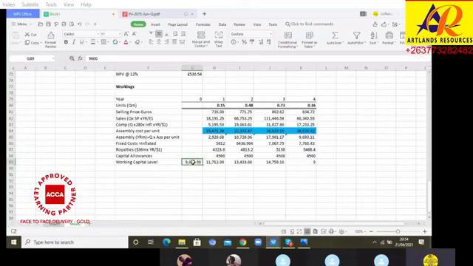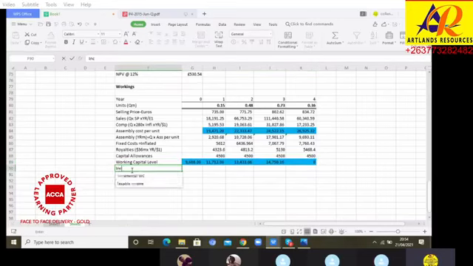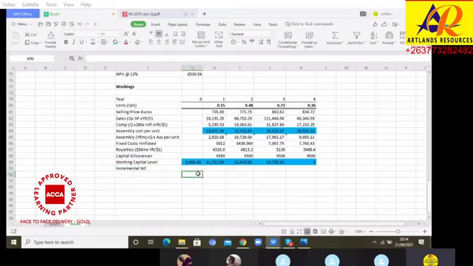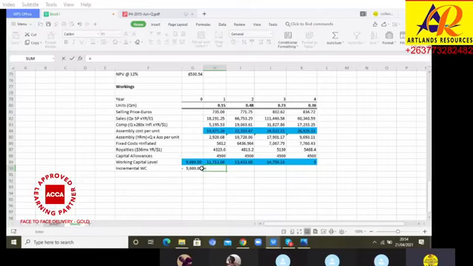So once you now have the working capital level like this, you can now have incremental working capital. Notice, in the first year you need to invest 9,600, so it's negative. You say equals minus this one. Then going forward, you take incremental: equals the 9,600 you have minus where it is now.